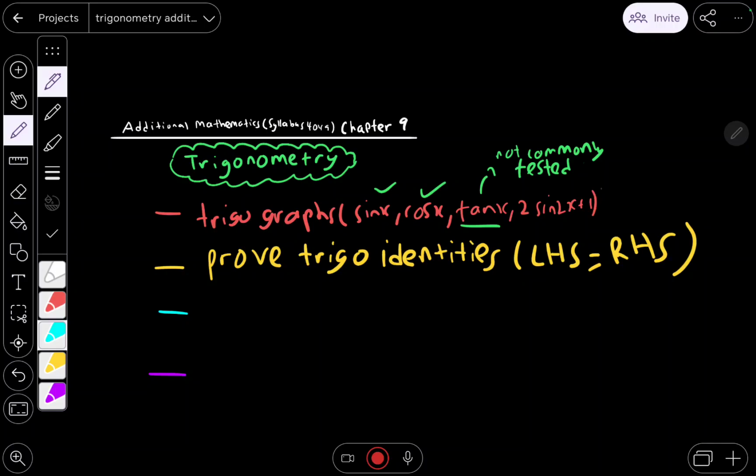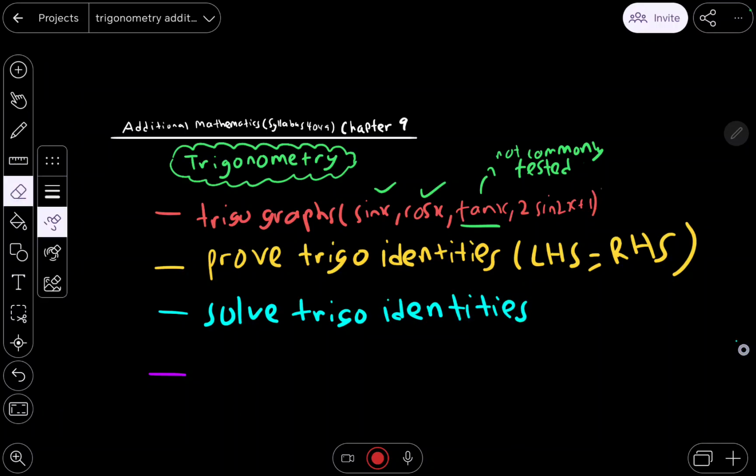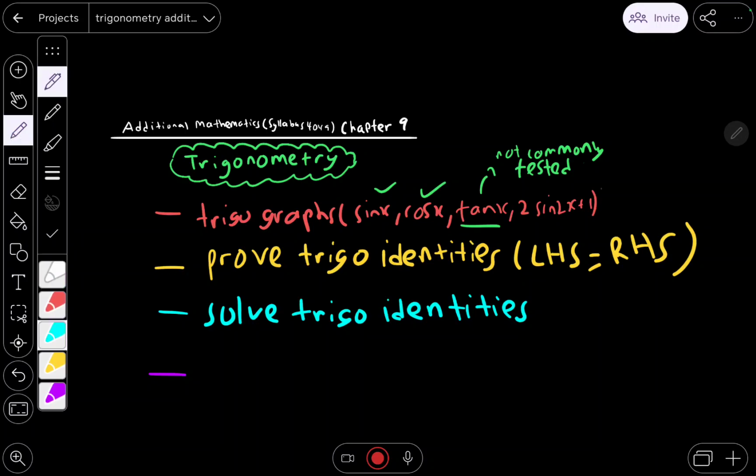And the third one will be to solve trigo identities. Oh, by the way, trigo just means trigonometry. I just write in short form. So we know that, let's say I ask you to solve cosine x equals 2, let's say sine x equals 0, for example.